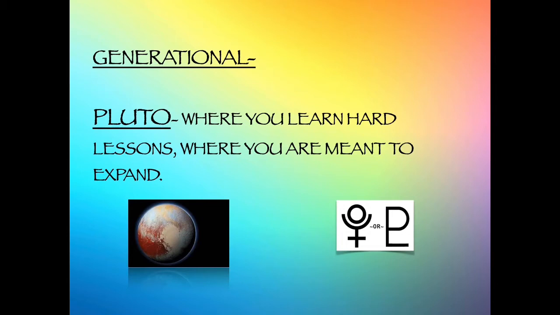You're really learning something in a big way. Again, this is generational, so it can affect you more or less based on your individual body graph and how it is connected with the other planets. This is where we're meant to grow and transform, and you build something better on the foundation after everything is blown away.